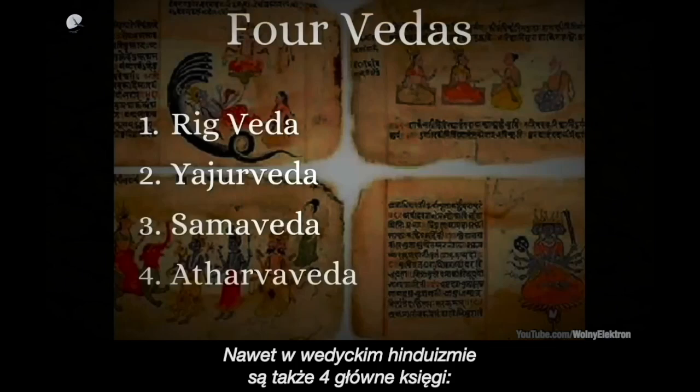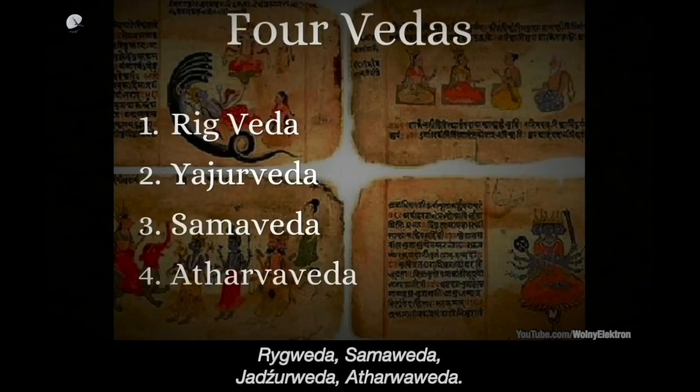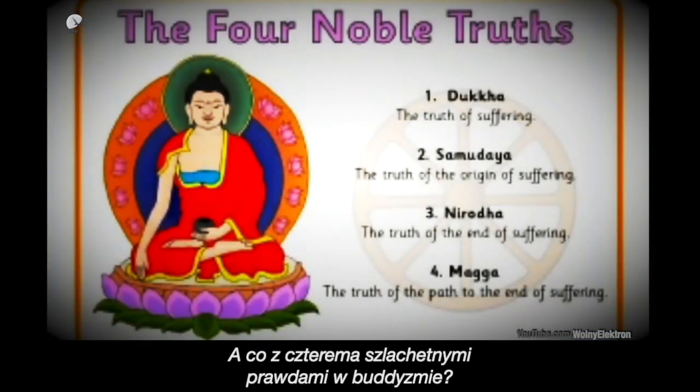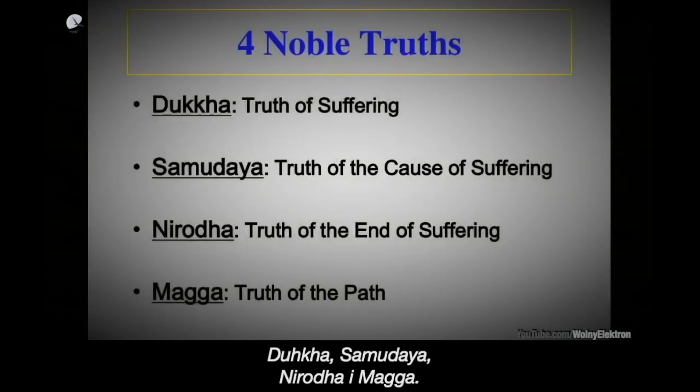And even in Vedic Hinduism, there are also 4 main books: the Rig Veda, the Sama Veda, the Yajur Veda, and the Atharva Veda. What about the 4 noble truths in Buddhism: Dukkha, Samadaya, Nirodha, and Magga?